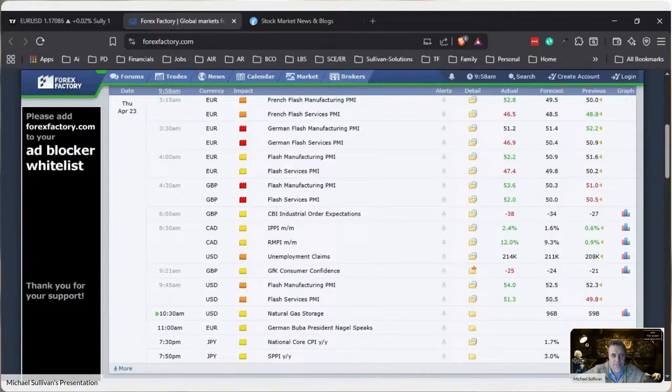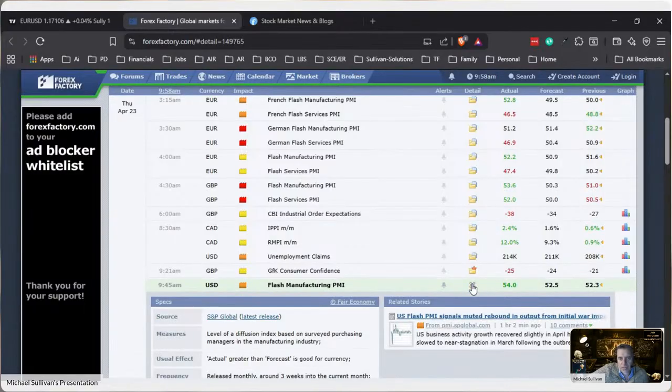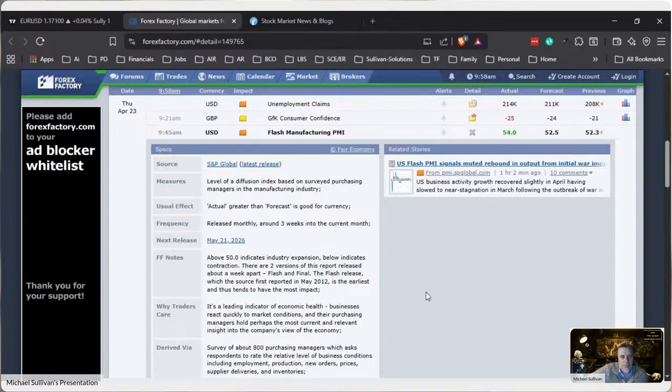I'm trying to see. So we got unemployment claims. It increased by 3,000, but it's still on par with the forecast for the most part. Let's see. This is better. Let's just look into what that is, because I remember the first time I was like, what the heck is that?